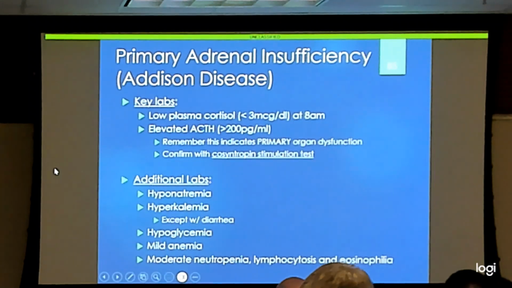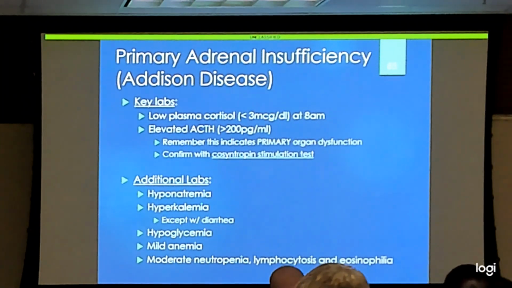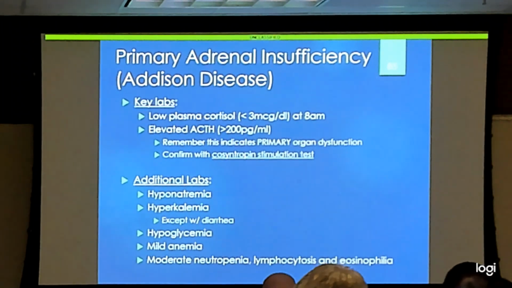All right, so the key labs. Low plasma cortisol is the starting test. I don't give them any kind of stimulation first because I don't think they have too much cortisol. I just get a plasma cortisol, and it's going to be low.